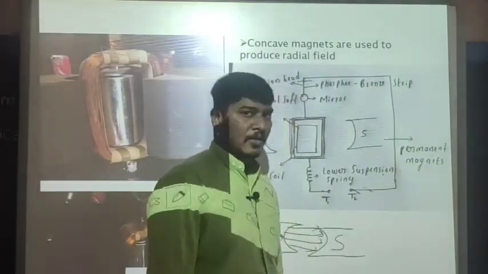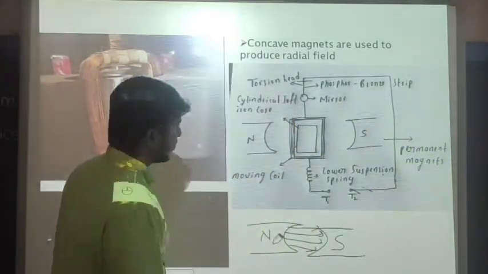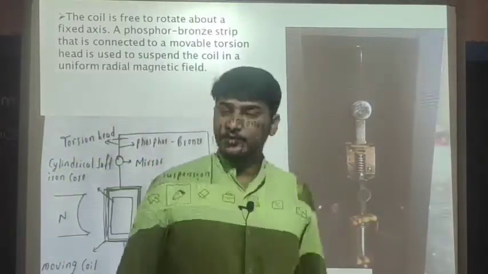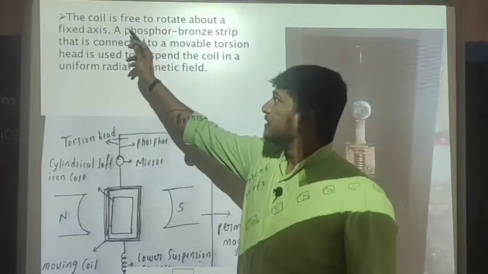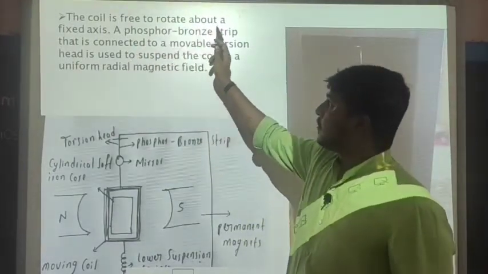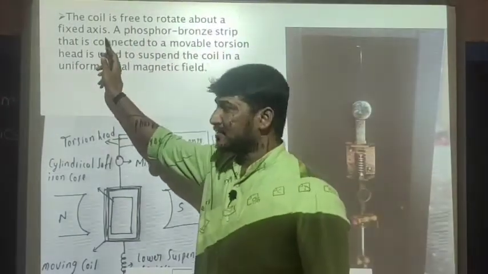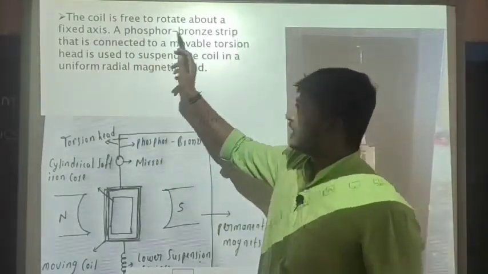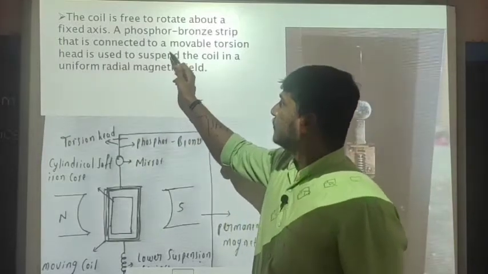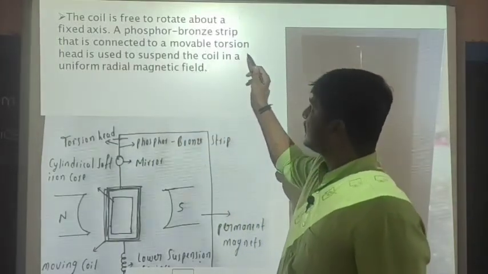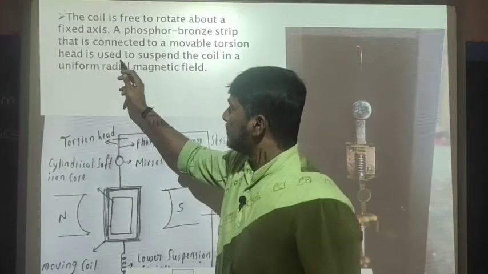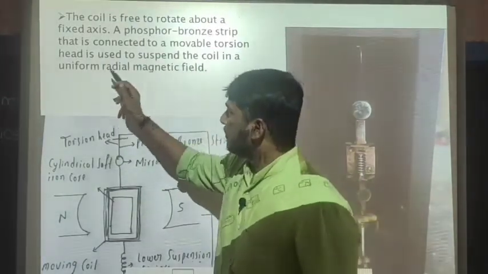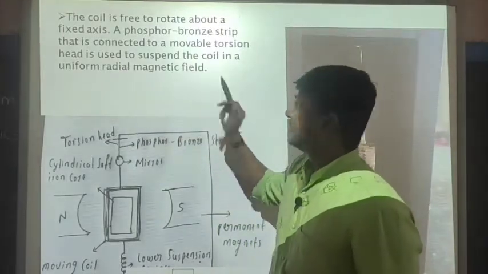Okay, now let us see the next point of construction. Here you can see that the coil is free to rotate about a fixed axis. A phosphor bronze strip that is connected to a movable torsional head is used to suspend the coil in a uniform radial magnetic field.